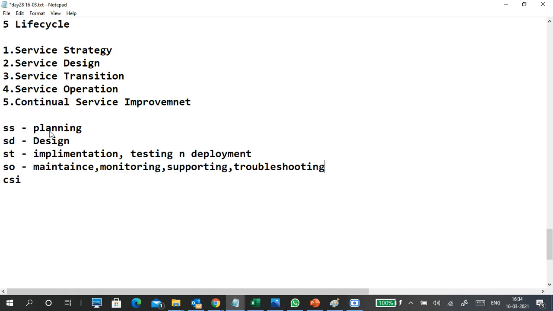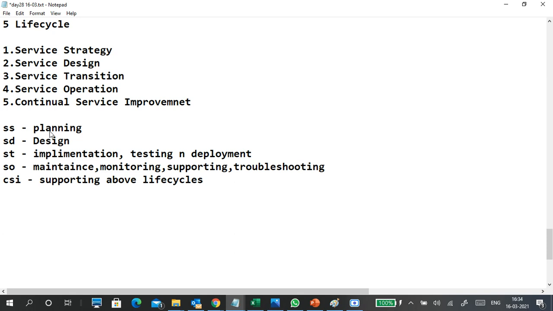If any issues are there, you have to troubleshoot them, and we have to note down what is done in the service operations. Continual service improvement. This is the key role of the improve-yourself type. What it is doing is supporting the above life cycles.